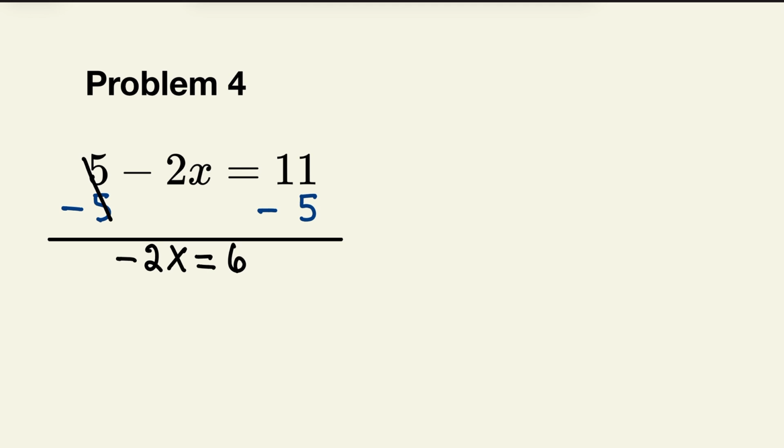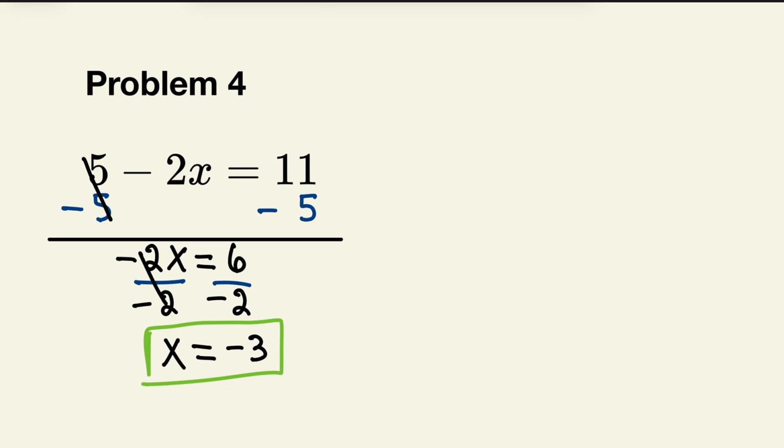So that means we have to take the inverse operation, which is to divide by negative 2. And we see here that the negative 2's cancel out. We're left with x equals 6 divided by negative 2, which is negative 3. And that's the final answer.